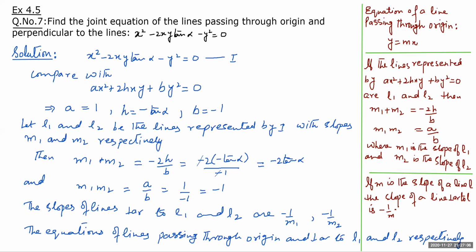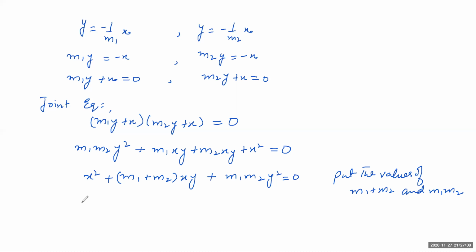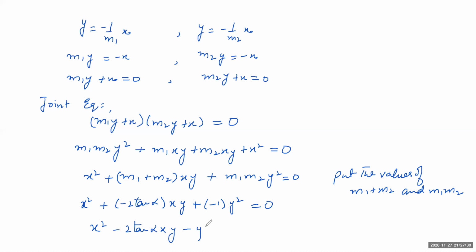So we get x square plus 2 tan alpha xy, and the value of m1 m2 is minus 1. As a result, I get the equation x square plus 2 tan alpha xy minus y square equals to 0. And this is the required joint equation. That completes the solution.